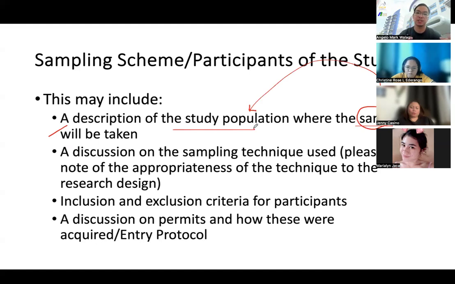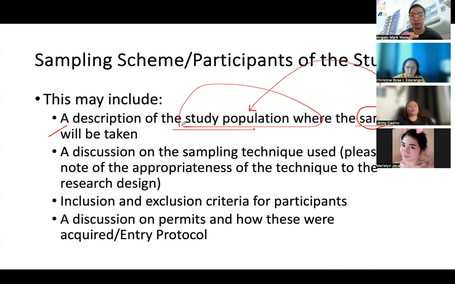For example, you're interested in looking at the behavior of chemistry teachers, but your population only refers to the Misamis Oriental chemistry teachers. Then the findings that you will get will only be generalizable to Misamis Oriental teachers and not to the whole Philippines for that matter. This is for the quantitative, okay?